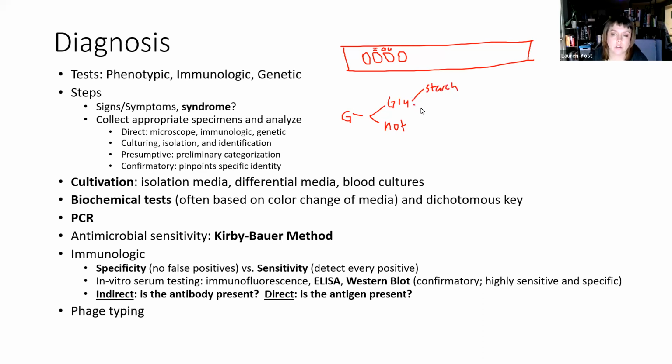I just want to draw this out just a little bit so you can get an idea, or not. And if it can't use starch, let's see, good one, catalase. Does it possess the enzyme catalase, which protects against toxic oxygen molecules, right?